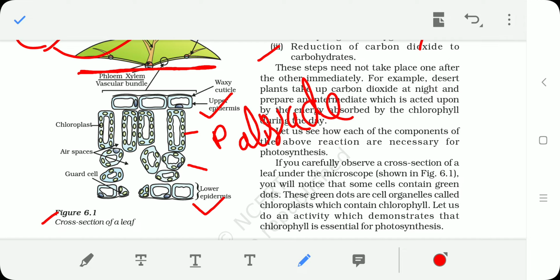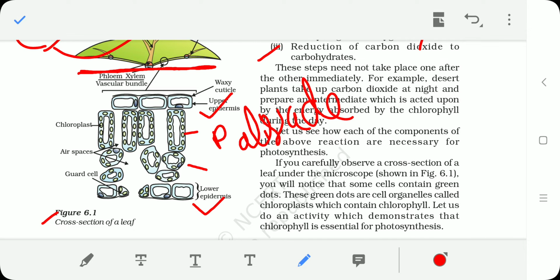Together, the palisade and parenchyma cells of the leaf are called mesophyll cells. You can see these are all mesophyll cells because the leaves are called the kitchen of the plant, because food is being made in the leaf of the plant.